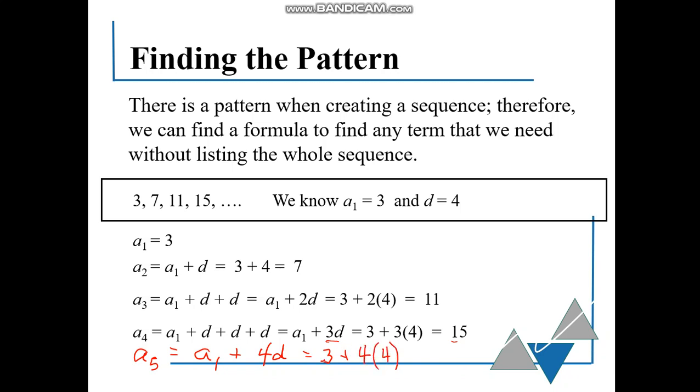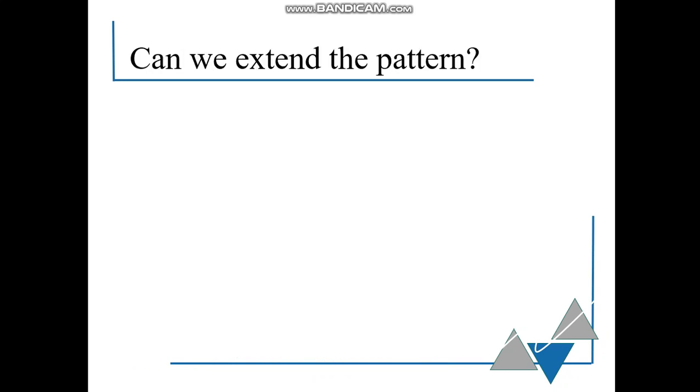That's 16 plus 3 is 19. And you might be thinking, Miss Hood, that's crazy because you could just do 15 plus 4 and that would be a lot easier. And yes, that's true. But what if we need the 100th number? Do we really want to write out or add up 100 of them? And we might make a mistake. So it's good to have this formula.